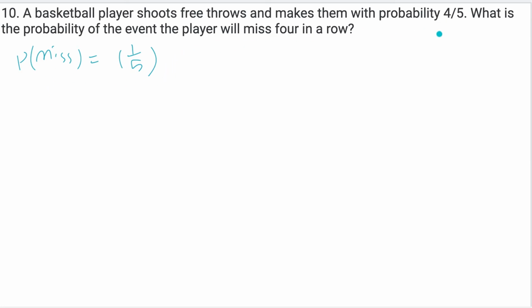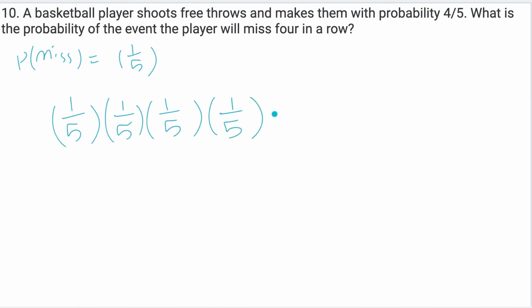So to find the probability of the event the player will miss 4 in a row: the first time he will miss is 1/5. Second he will miss is also 1/5. Third he will miss is 1/5, and fourth he will miss is also 1/5.